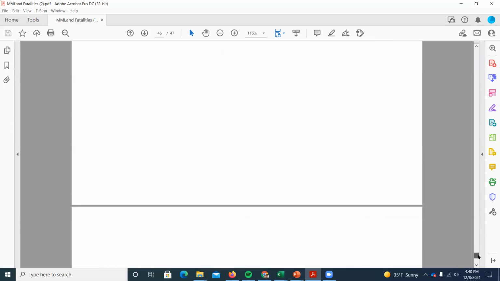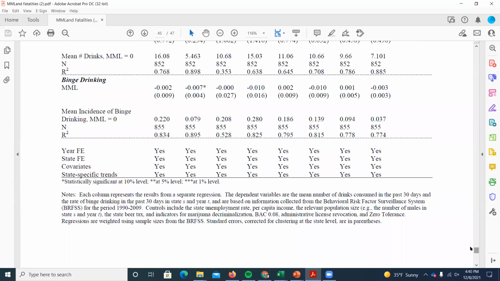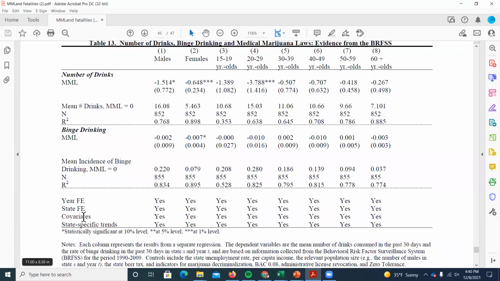They also make sure that they mention, they didn't just include all these controls, they also include year and state fixed effects. So fixed effects, this was this idea of they include an indicator for every single year, leaving out 1 year to have that as the comparison group, and then an indicator for every single state, leaving one state out to have that as their comparison group. Okay.